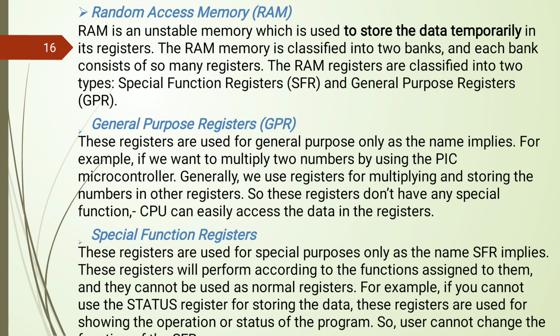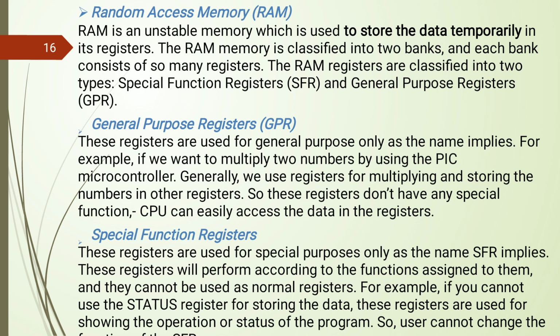Some registers are also available in the architecture of the PIC microcontroller. They have their own functions, and they cannot be changed by a user. So they are called special function registers, like the status register, option register, and some timer registers, ADC registers, and interrupt registers. For enabling, disabling, or getting the status, these registers are used.